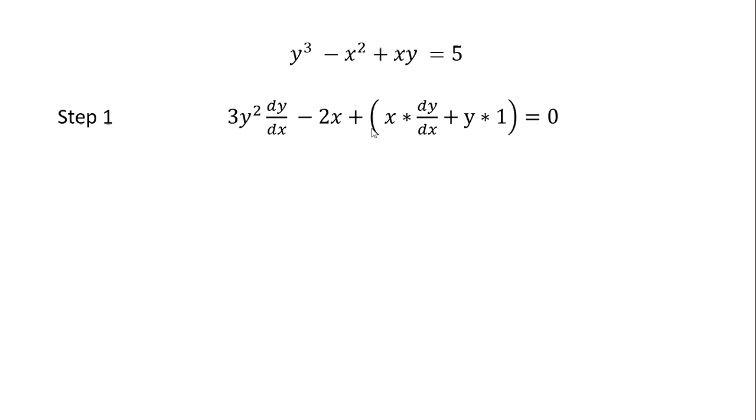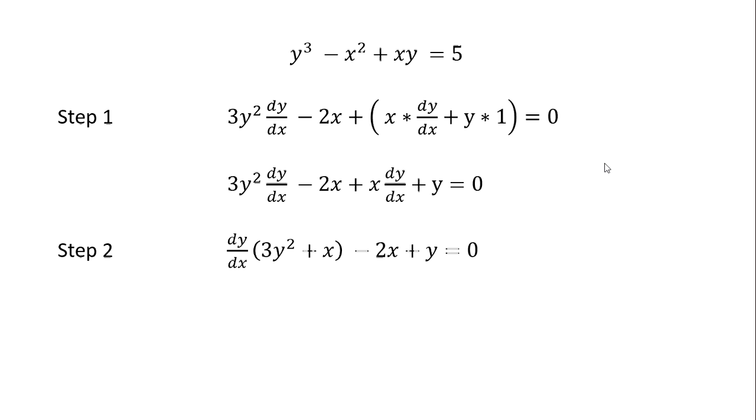We use the product rule: x times dy over dx, that is the differentiation of the y function, plus y times the differentiation of the x function, which is just 1. You can keep it in a bracket and simplify that in the next step. So you will get 3y squared dy over dx minus 2x plus x times dy over dx plus y equals 0. That's step 1, differentiation of the implicit function with respect to x.